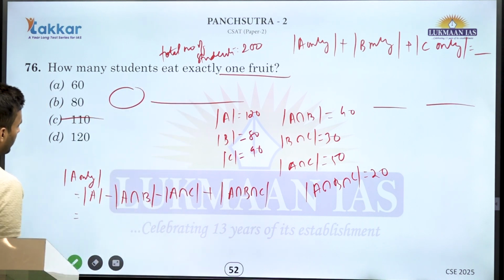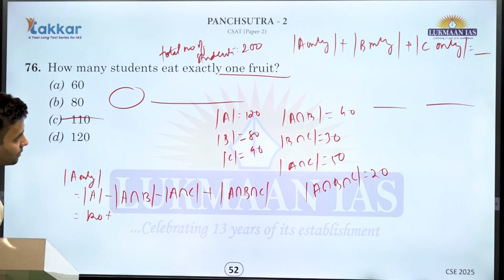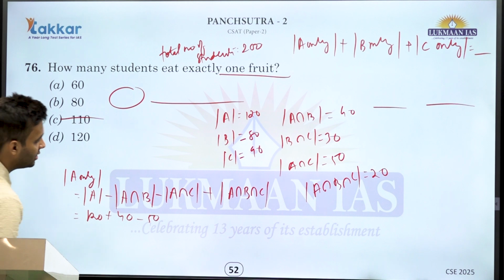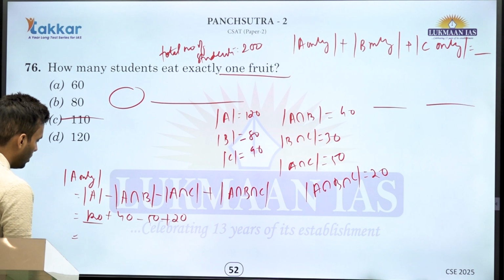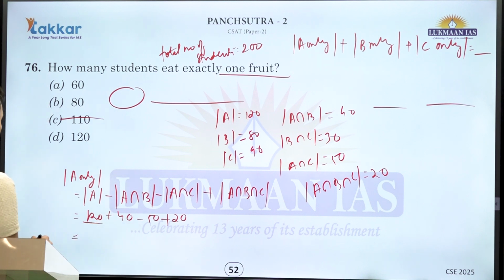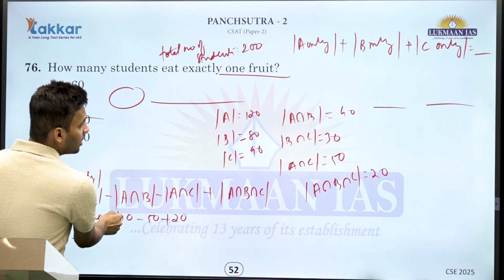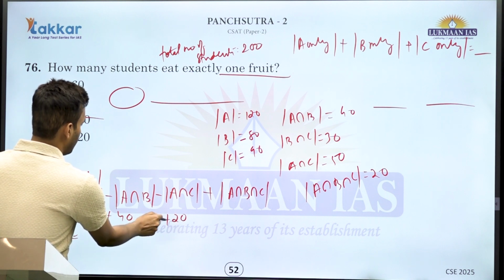What is the value of A? A is 120. A intersection B is 40, A intersection C is 50, and A intersection B intersection C is 20. So what is the value? 120 minus 40 minus 50 plus 20.